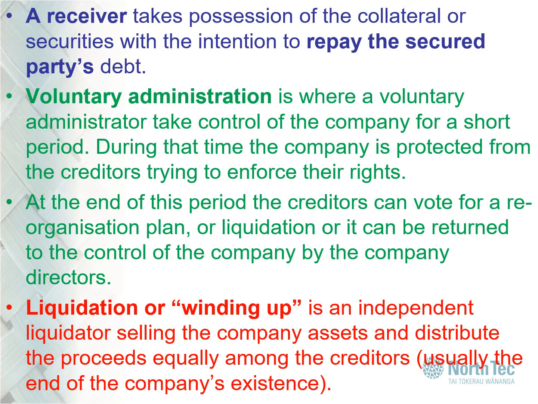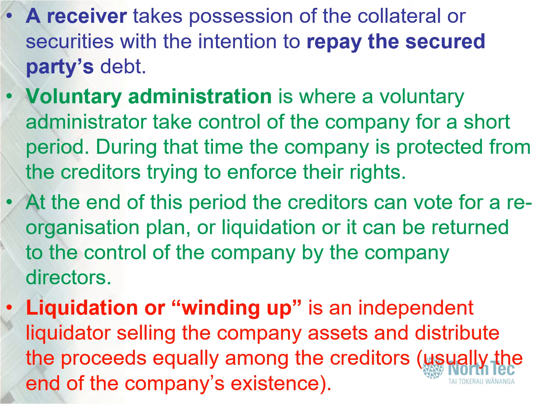A receiver takes possession of the collateral or securities with the intention to repay the secured party's debt. People say you can distinguish it from voluntary administration, and that's why I've put it in green. This is where a voluntary administrator takes control of the company for a short period.